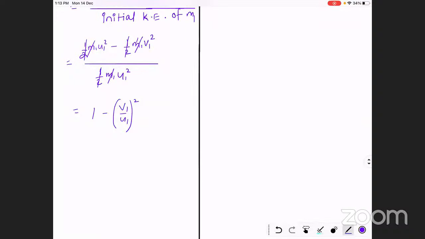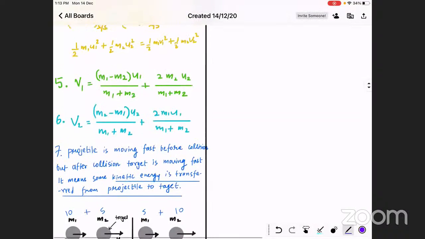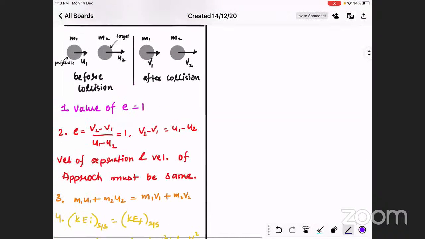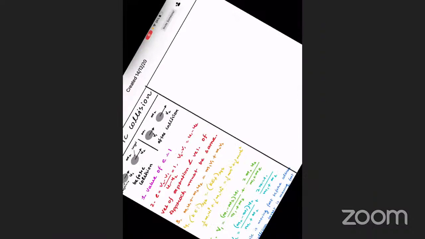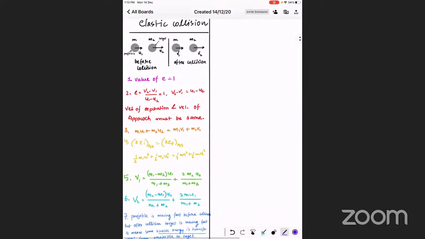Did you understand this written separately? I just tried to simplify the above equation. Okay. Which collision are we doing? Read it. Elastic collision. So this much we have to learn in elastic collision only.